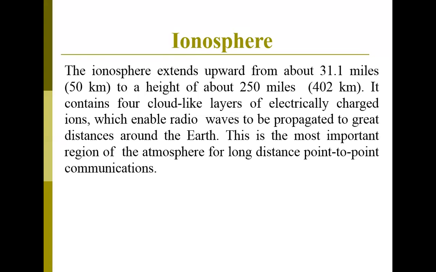It contains 4 cloud-like layers of electrically charged ions. The ionosphere has a very vital role in our free space communication. We will study this in detail because it plays a very important role while we have to transmit the signal over longer distances.